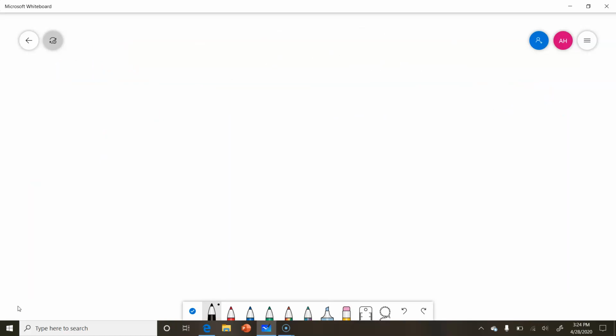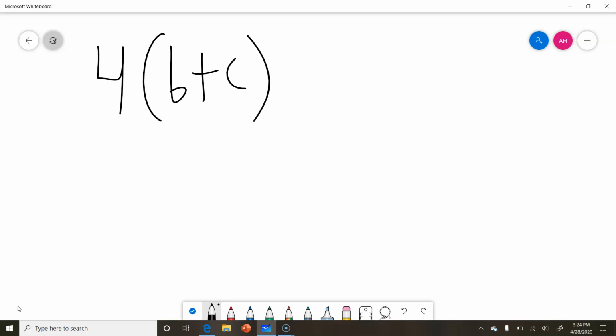This one is actually one of the grouping problems that you should have been working on for homework. Let's say they give something like 4 times b plus c, minus m times b plus c.